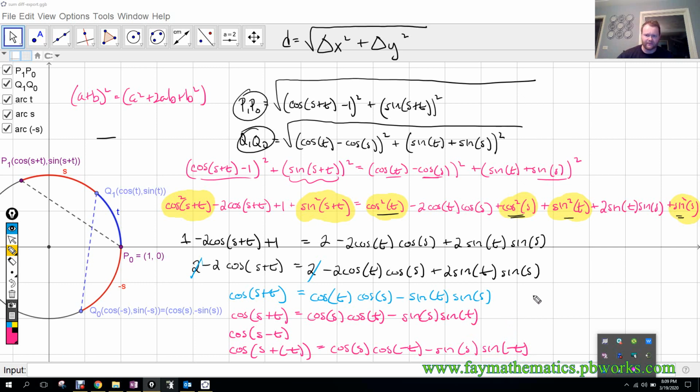We use our even odd functions, and cosine is even, so that stays as cosine of t. So I can rewrite that as cosine s cosine t. Sine is odd, so this -t becomes a negative out front, and I can write it as plus sine of s sine of t, and that then becomes the cosine of s minus t.